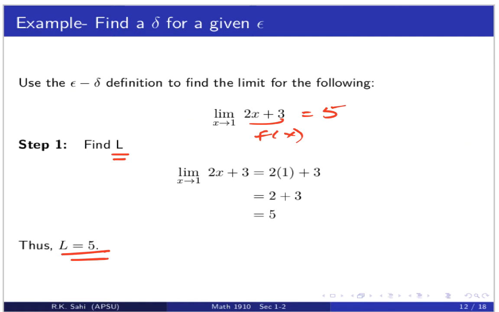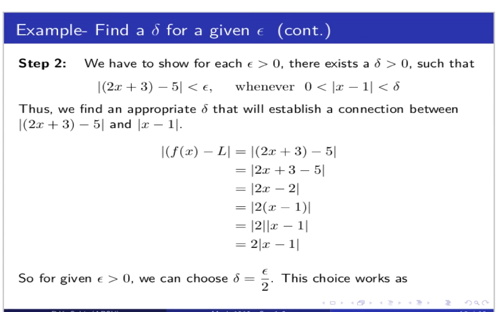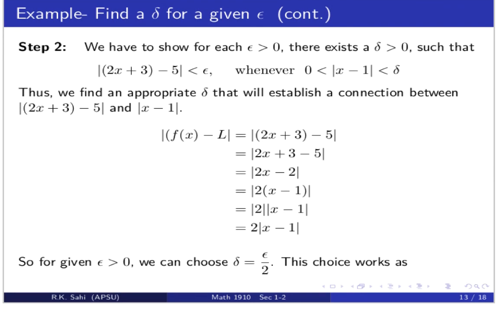So let's look at step 2. In step 2, for each epsilon greater than 0, where epsilon is arbitrary, a variable, very, very small and positive, there exists a delta.